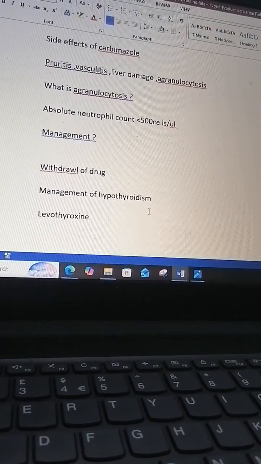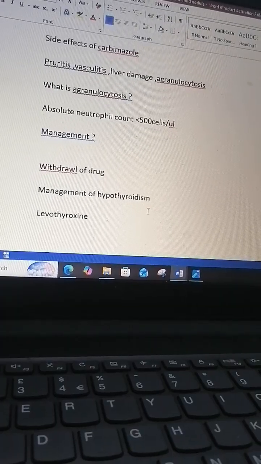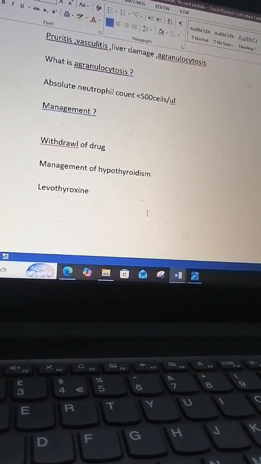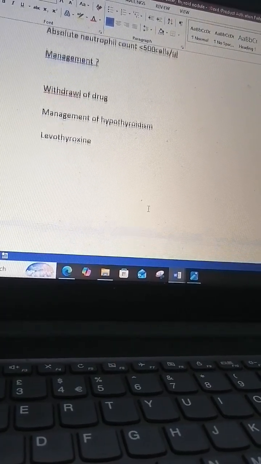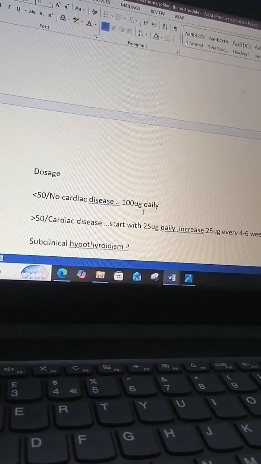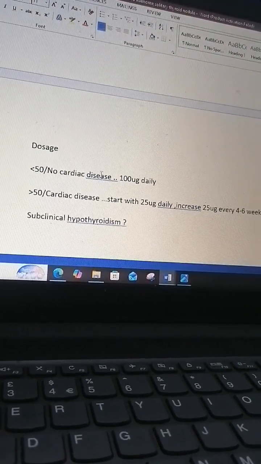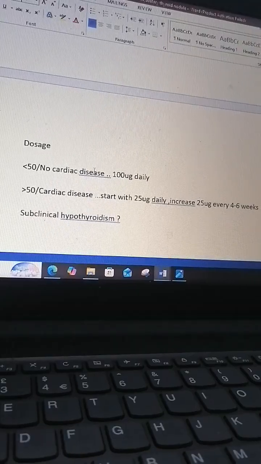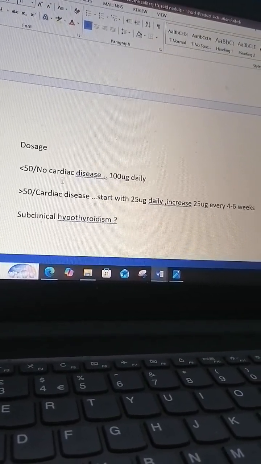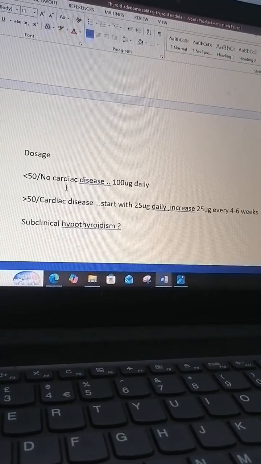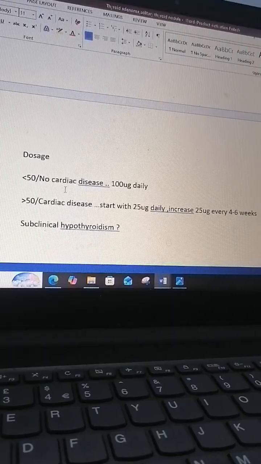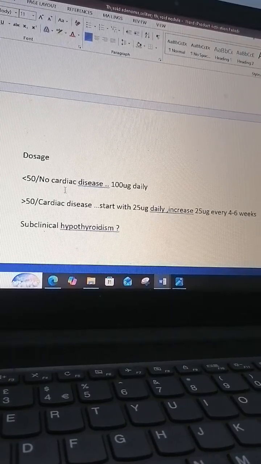Then what is the management of hypothyroidism? If you advise TFTs, and on TFTs it shows hypothyroidism, then the option is levothyroxine. The thyroxine dosage depends on the age and cardiac condition of the patient. If the patient is 50 years old or less and there is no cardiac disease, then we will start with 100 microgram daily.